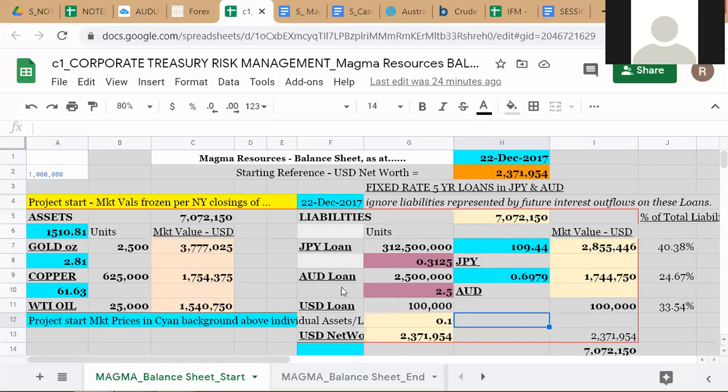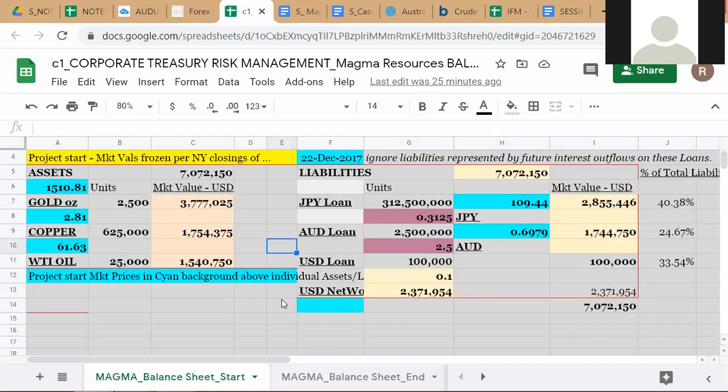Now we'll come to the discussion of the underlying positions. So what we were saying is, so many of you pointed out these currency exposures as far as we were discussing the key risk factors.